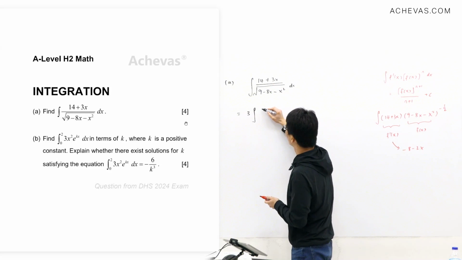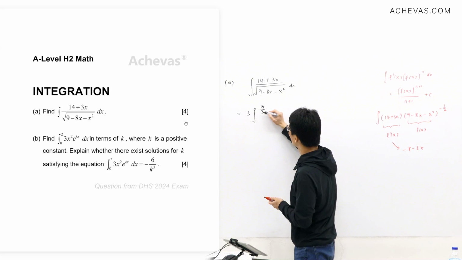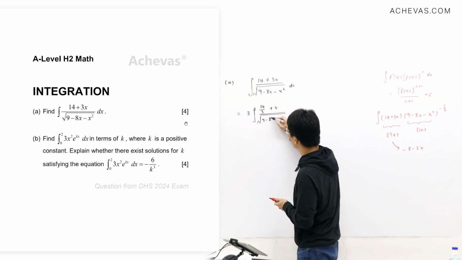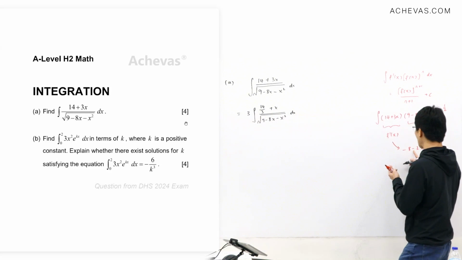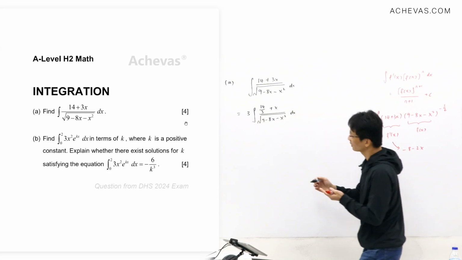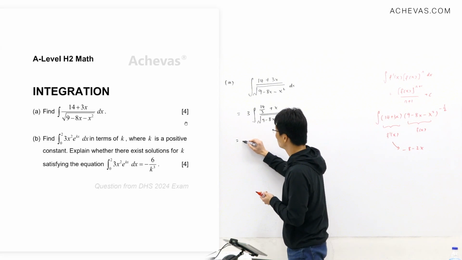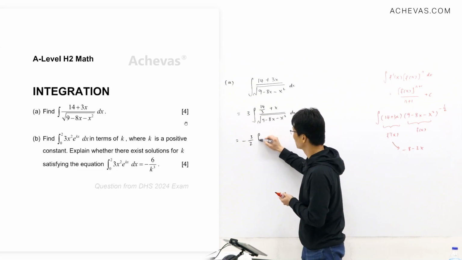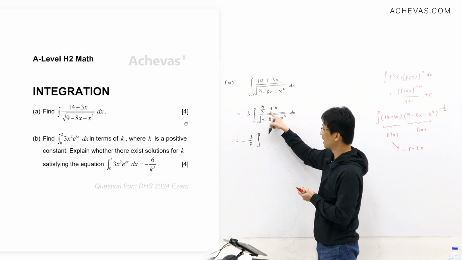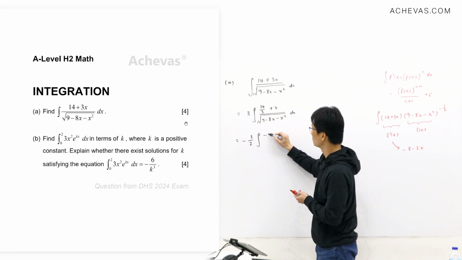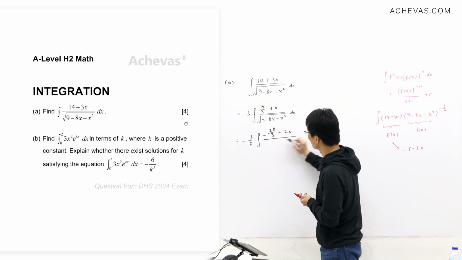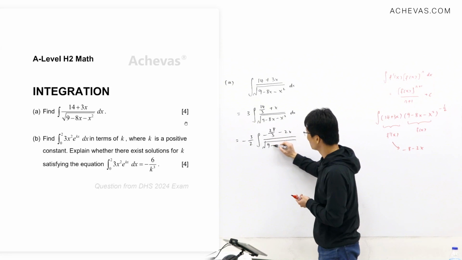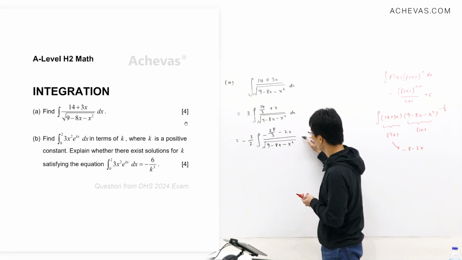I will get a 14 over 3 plus x over square root 9 minus 8x minus x squared. And I know I need to have a minus 2 as a coefficient of x. So maybe I will just put a minus 3 over 2 outside. Then I will be putting a minus 2 inside. So I will end up with minus 28 over 3 minus 2x over square root 9 minus 8x minus x squared.